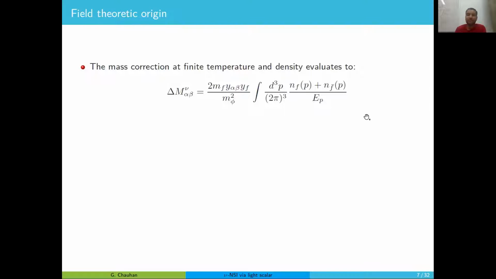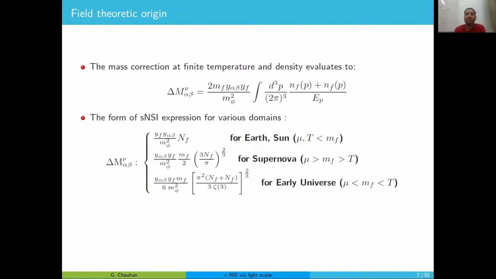So to understand better the effect of this term and the role it plays in different kinds of scenarios, we studied three different cases. Either the mass of the fermion is dominant over the chemical potential and the temperature, or the chemical potential dominates, as in the case of, say, supernova, or the temperature dominates, say, in the case of the early universe.